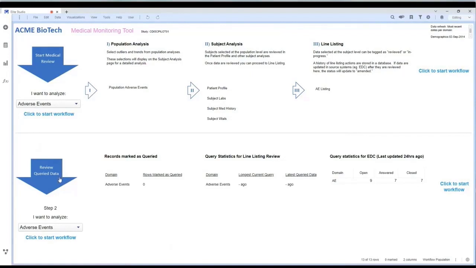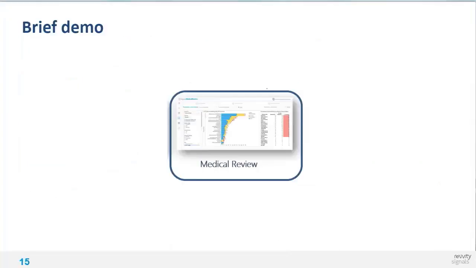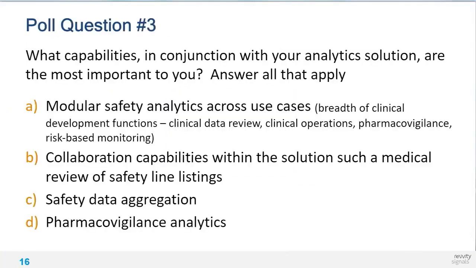It reads from the electronic database to a table that monitors what adverse events have been queried and reflects that in this dashboard. So with that, I'm going to stop demoing, and we go to poll question number 3.